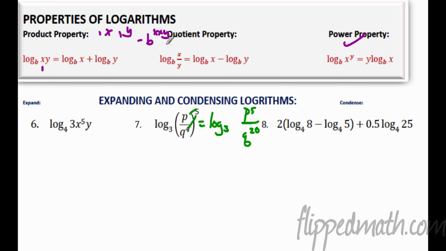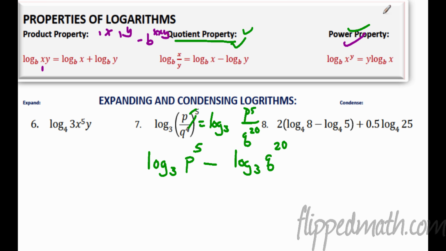Now we have subtraction. We're going to use the quotient property right now. We're going to have subtraction of those two different terms, p to the 5th and q to the 20th. So we're going to get log base 3 of p to the 5th minus, using the quotient property, log base 3, it's got to be the same base, of q to the 20th.